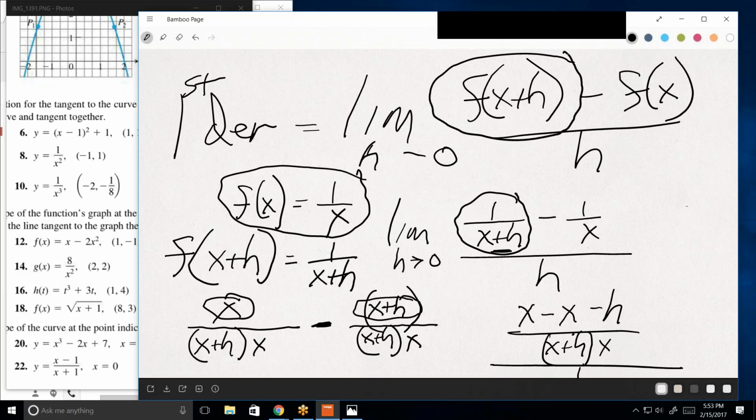I'm going to have to learn to write smaller. Okay? Okay. Now, let's simplify this. Well, the x's disappear, and in fact, that will always be the case, that anything that does not have an h in it is going to disappear. By disappear, I mean cancel one another out.